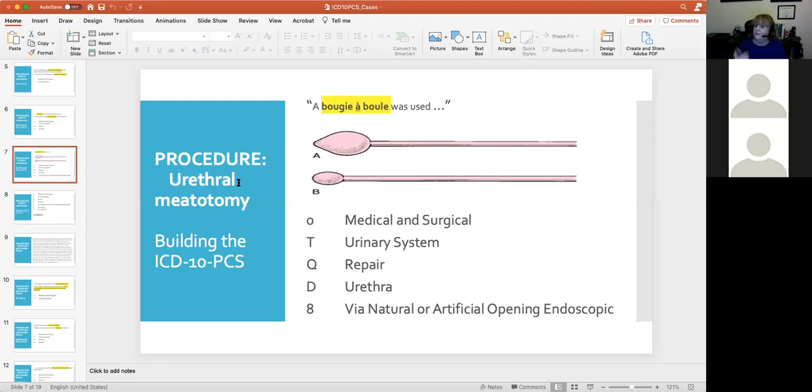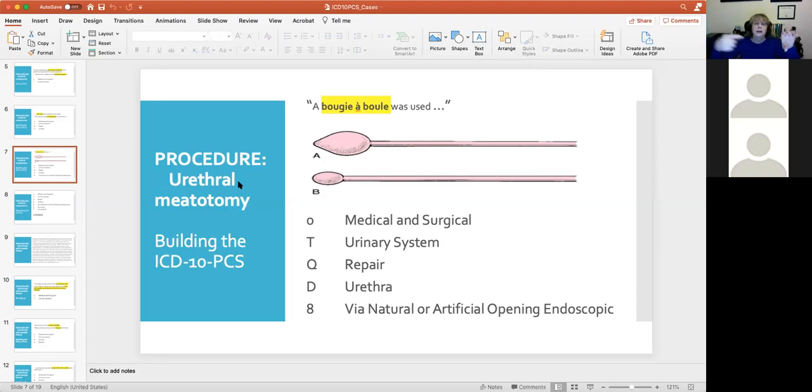So it comes in both of those sizes? And a couple more. If you Google it and click on images, but that'll probably confuse you. And that goes into the urethra? Yeah.